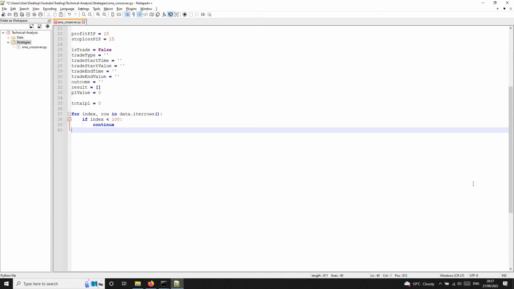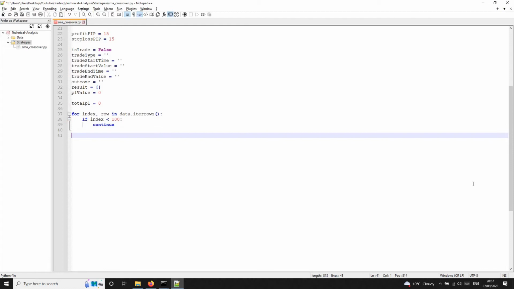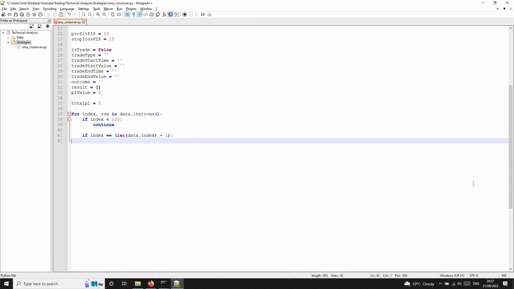Basically it skips the rest of the code in the for loop, so our analysis will start after 100, where the MA20 and MA100 values are there. Also, I'm not going to do the very last one, because I don't want our program to fail. I just want to leave the last entry, which I think is 985 or something like that, and stop the program there. So I'm going to break the for loop there.